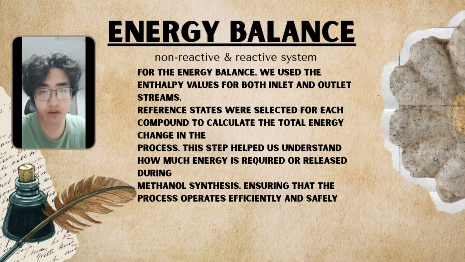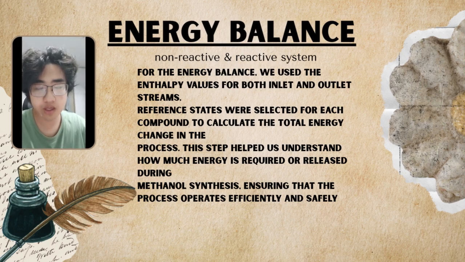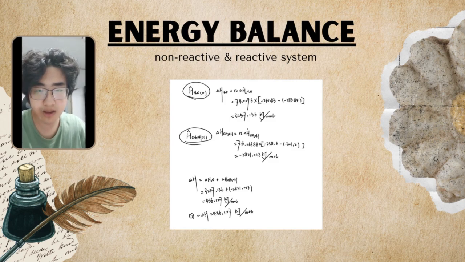The law of conservation of energy states that energy cannot be created or destroyed. It can only be transformed from one form to another. In any physical or chemical process, the total energy of an isolated system remains constant. This principle forms the foundation of energy balance calculations in engineering.